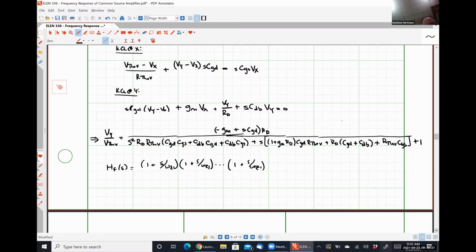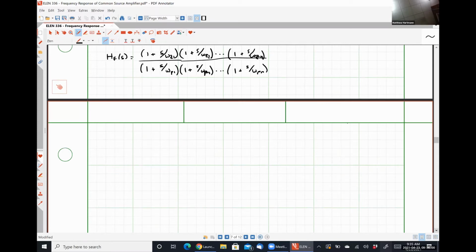We don't have a whole lot going on with our zeros, so this one's pretty easy. And in our denominator, our high frequency transfer would be 1 plus S over omega P1 times 1 plus S over omega P2 times 1 plus S over omega Pn. We only have 2 poles because we have a factor of S squared.